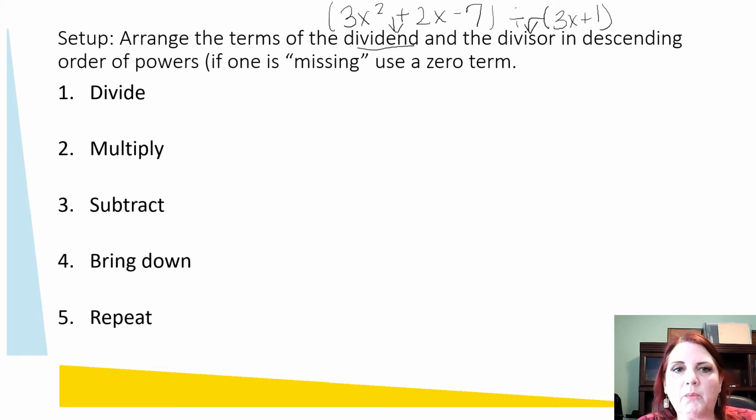Now let's take a look at what we're going to do. Once we have that set up, and you're going to see a few examples of this, the first thing we're going to do is divide.